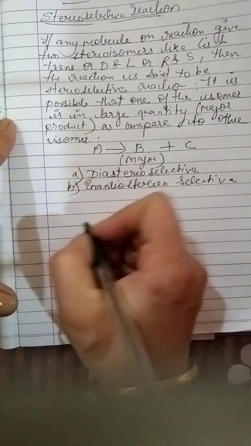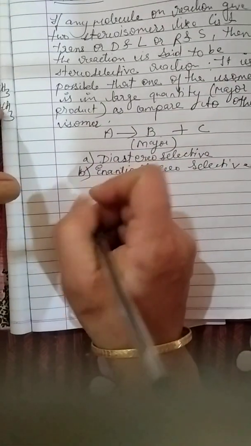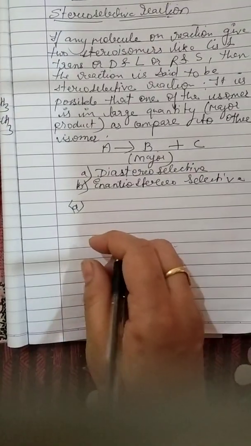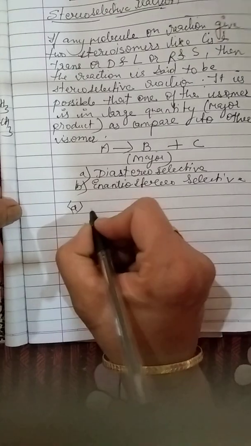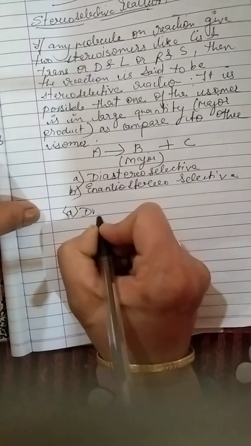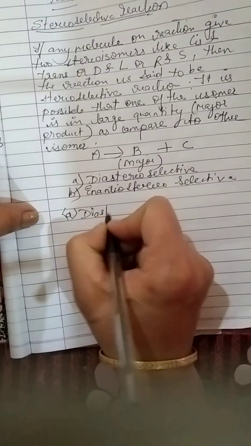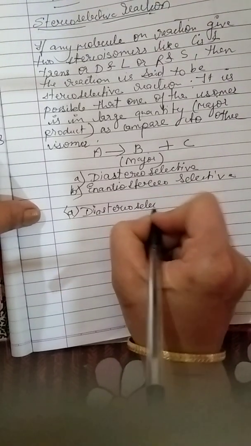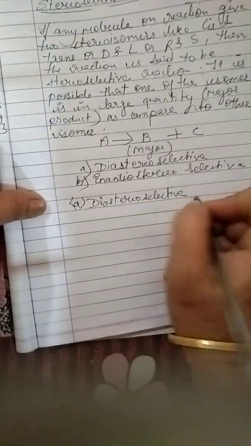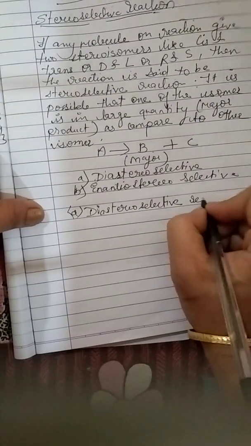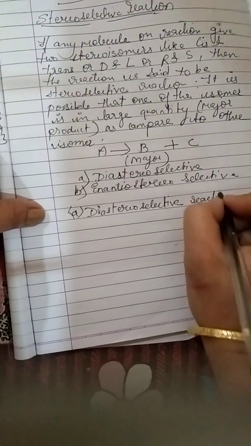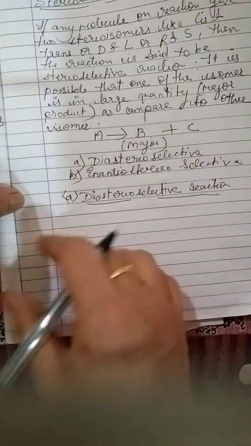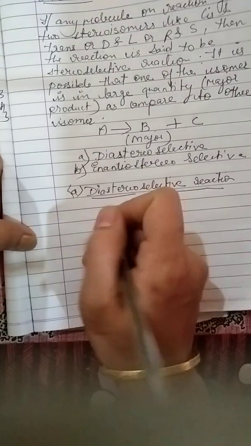So let's explain by giving one example of each. We'll start with diastereoselective reaction. At first we'll write the definition of it and then we'll proceed with an example.